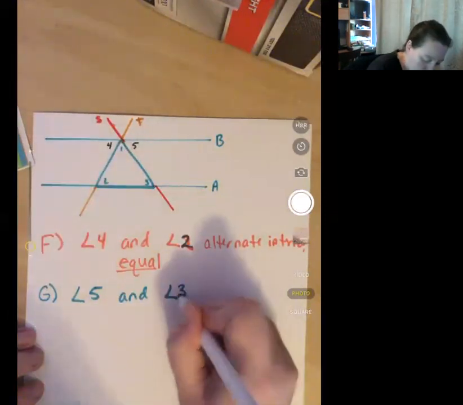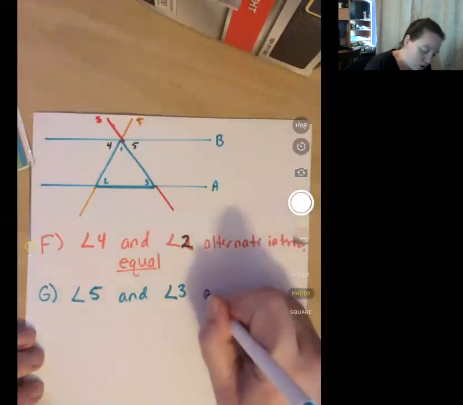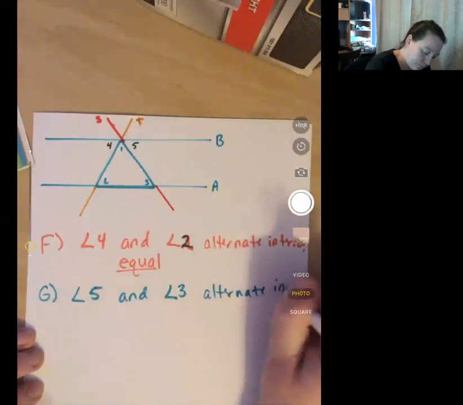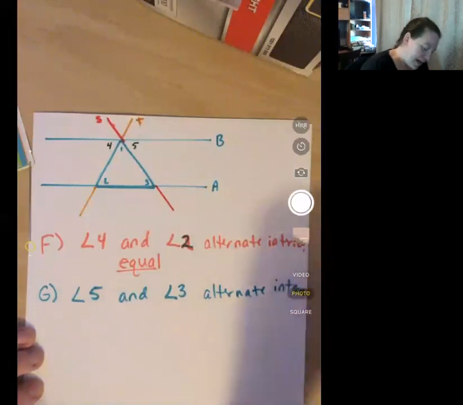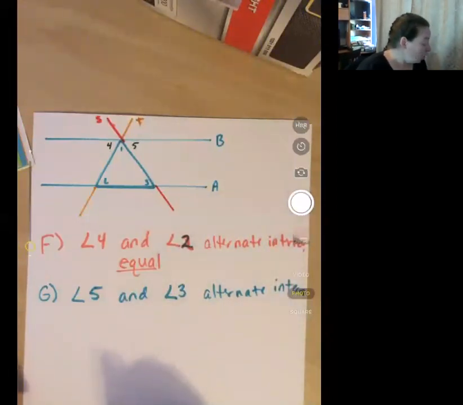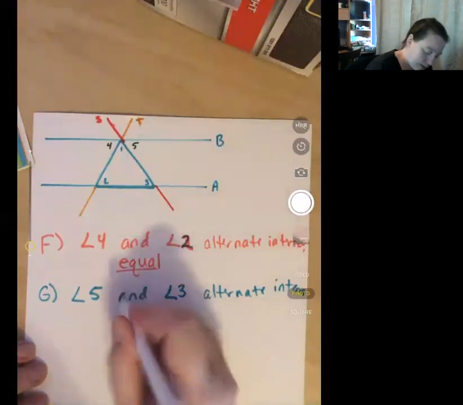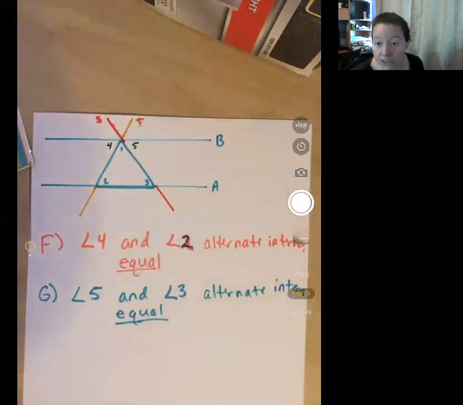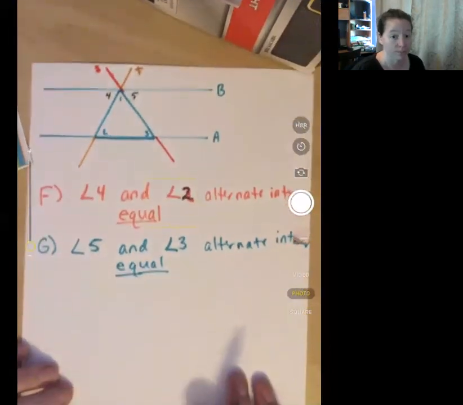This is where our 3 is. 5 and 3 are alternate interior angles. They are also equal because that's just how alternate interior angles work. Okay, remember we did this previous section. Alternate interior means they're equal.